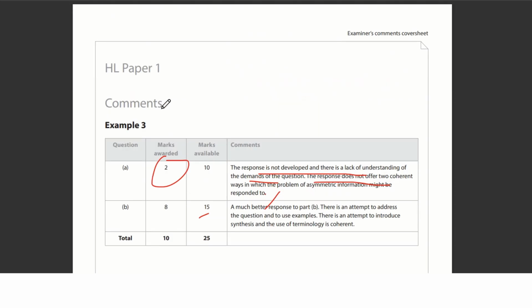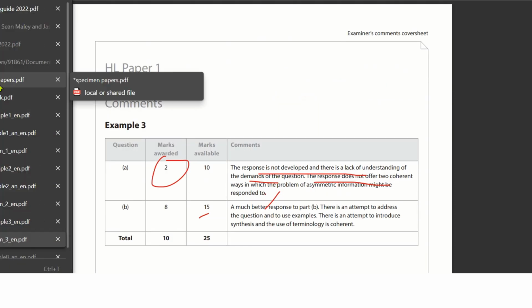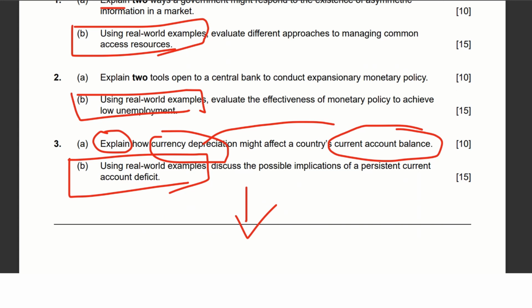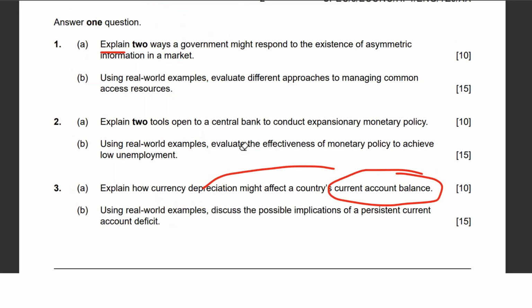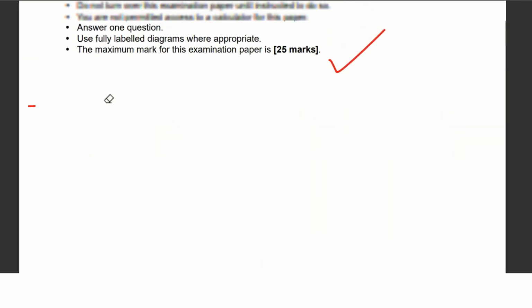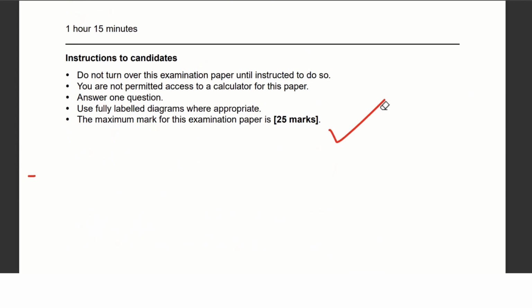What we can conclude now is that Paper 1 looks easy, but if we don't understand the specific demand of the question, scoring good marks is really challenging, because the duration is only 1 hour 15 minutes, and you have to plan perfectly.